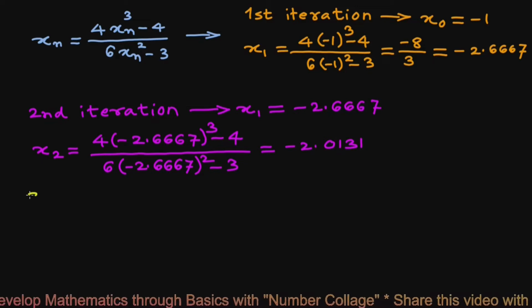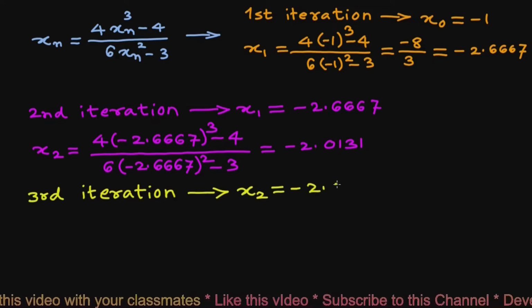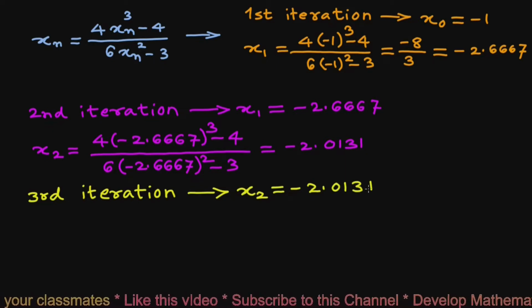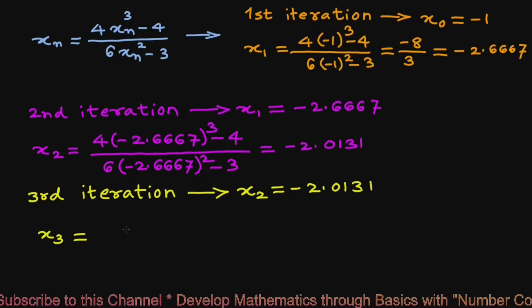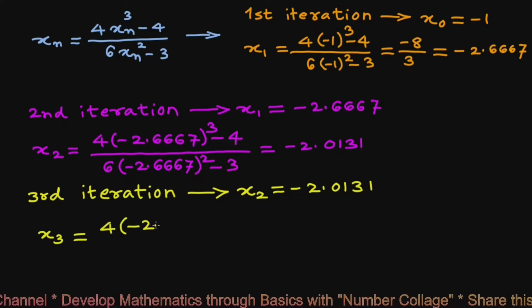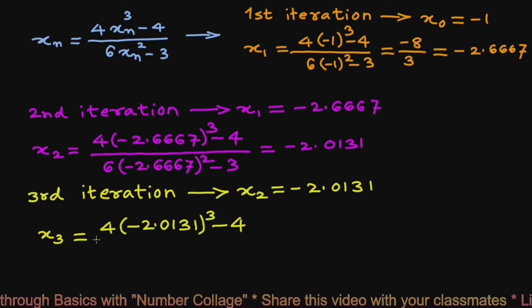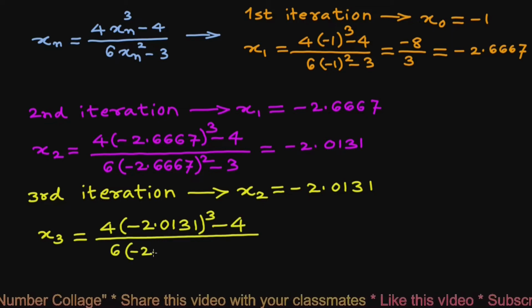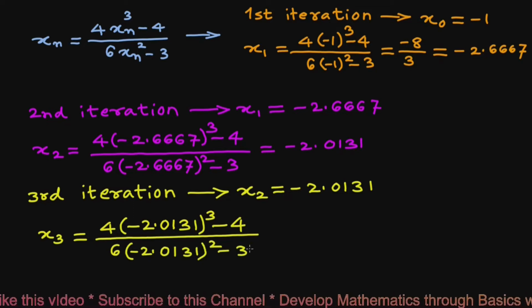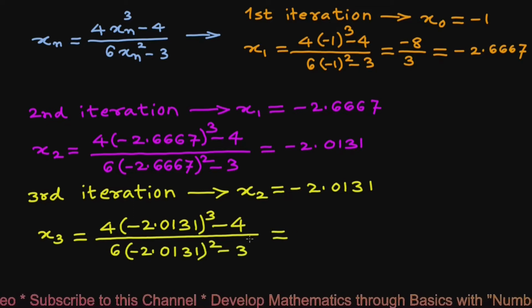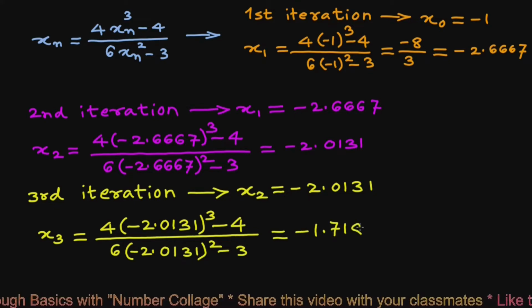For the third iteration, we will take x2 equals minus 2.0131 and write the third approximate value x3 equals 4 into minus 2.0131 cubed minus 4 upon 6 into minus 2.0131 squared minus 3, which on calculator works out to be minus 1.7186.